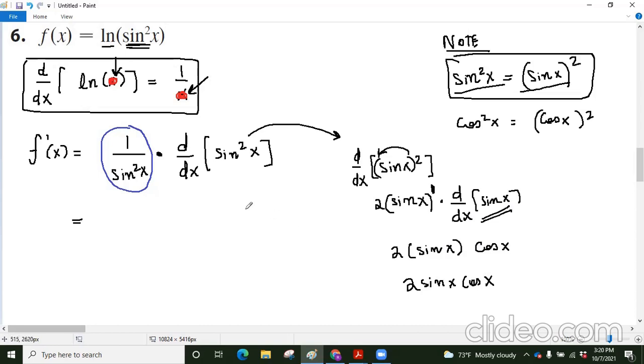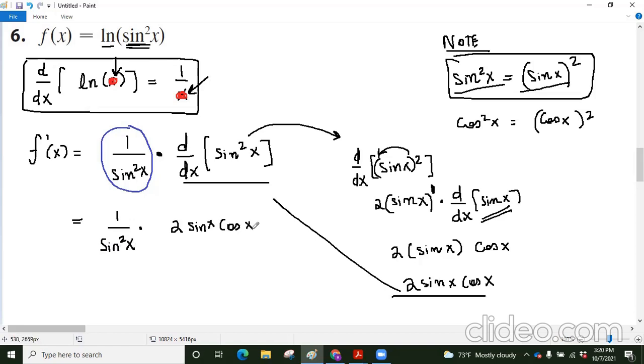And that's the idea. So you had to use a chain rule on this as well. So it's kind of a chain rule within a chain rule. But your basic takeaway is that you found the derivative of this. So let's put this back here. So it's 1 over sine of 2x. We said that was still in our answer, multiplied by 2 sine of x cosine of x, right?